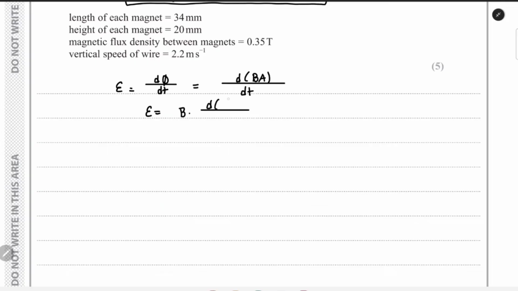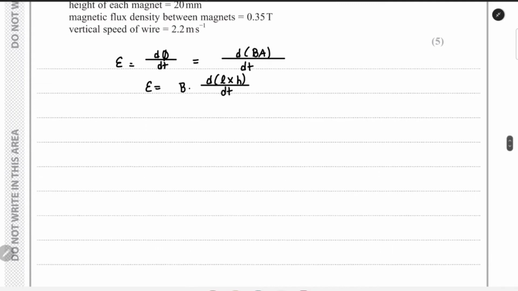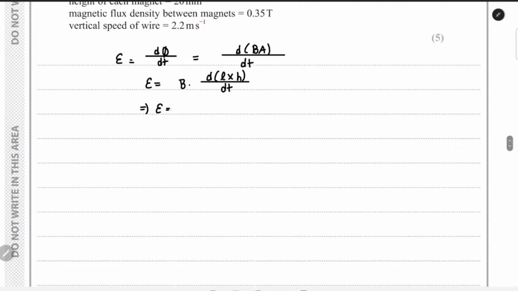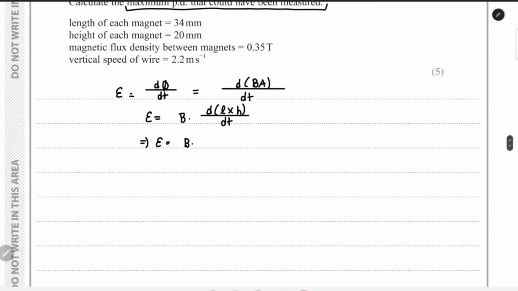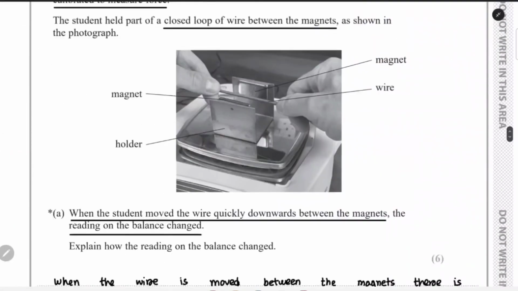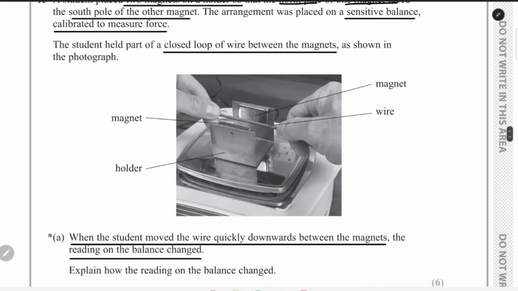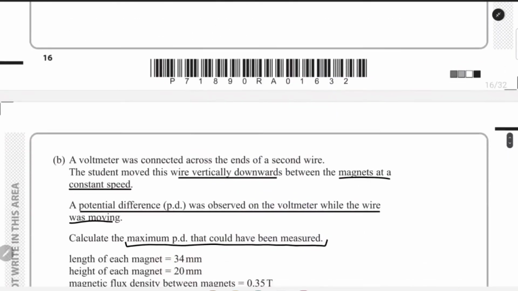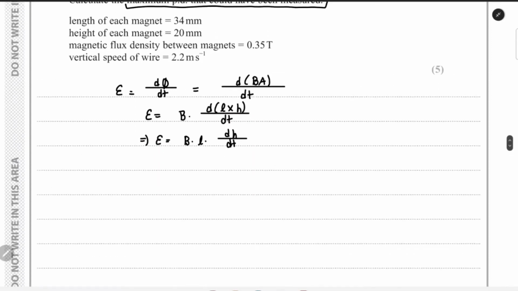A over here is the length multiplied by the width, or in this case the height, divided by dt. The EMF is B times, the length is also fixed, so B times L times dH/dt. Now dH/dt is how fast the wire is moving down the magnet. So this is h, and the velocity is how fast it's moving down. So dH/dt is the same thing as the vertical speed.